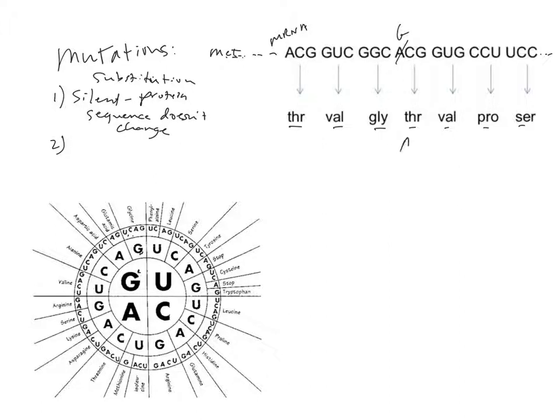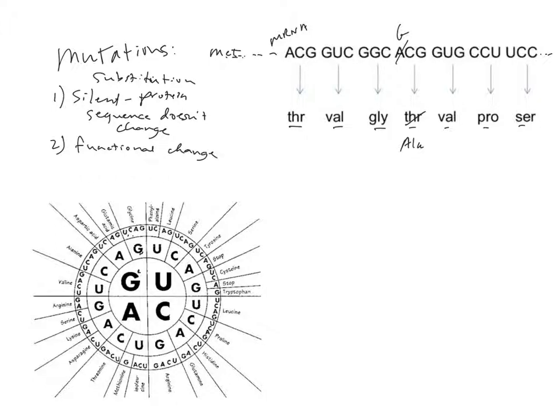Therefore, that change has actually changed the sequence of my protein, because as the ribosome is reading through this, an alanine will be placed there based on the GCG codon instead of threonine. And if this is a sufficient enough change in the right place, that might change the fold and therefore change the function. If the substitution mutation is enough to change the function, we call that a functional change.